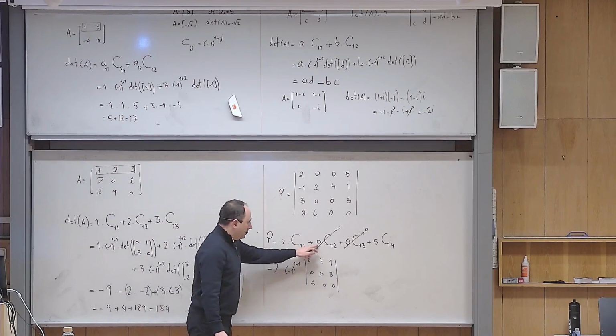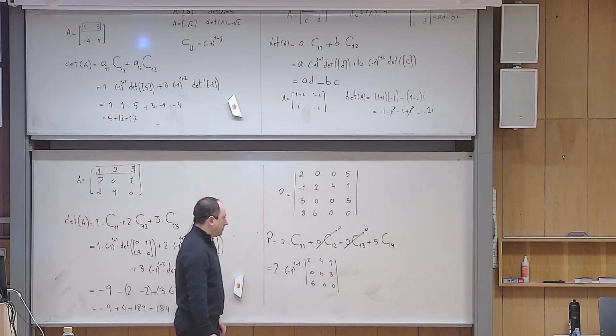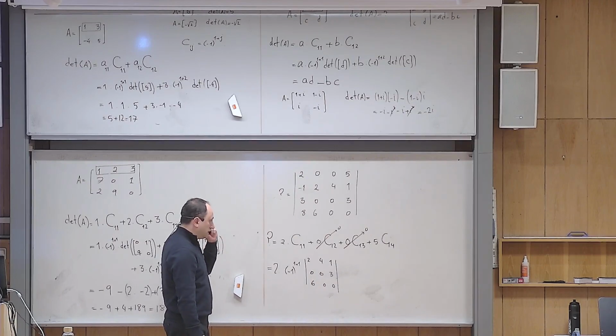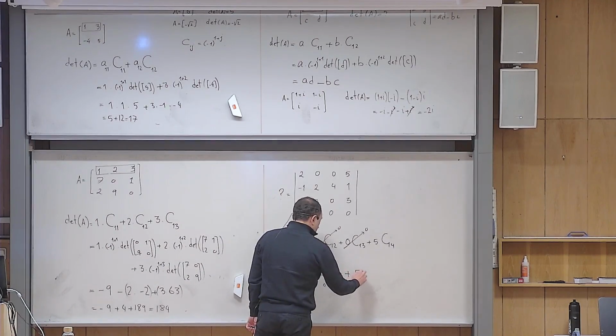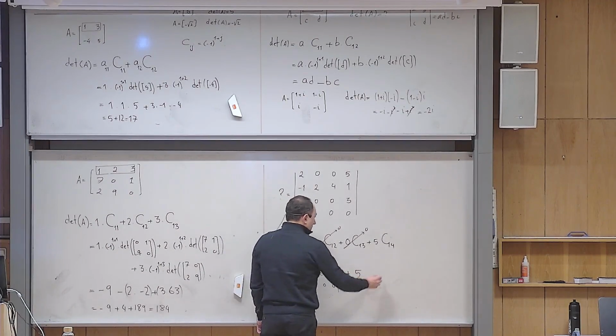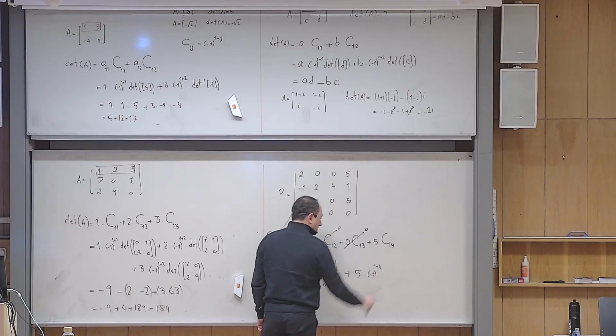So I am lucky that these are 0, because I don't need to bother about the second one and the third one, but I still need to bother about the last one. So what is the last one? It becomes 5 times always -1 to which power? To the power of 1 plus 4, the sum of the indices.